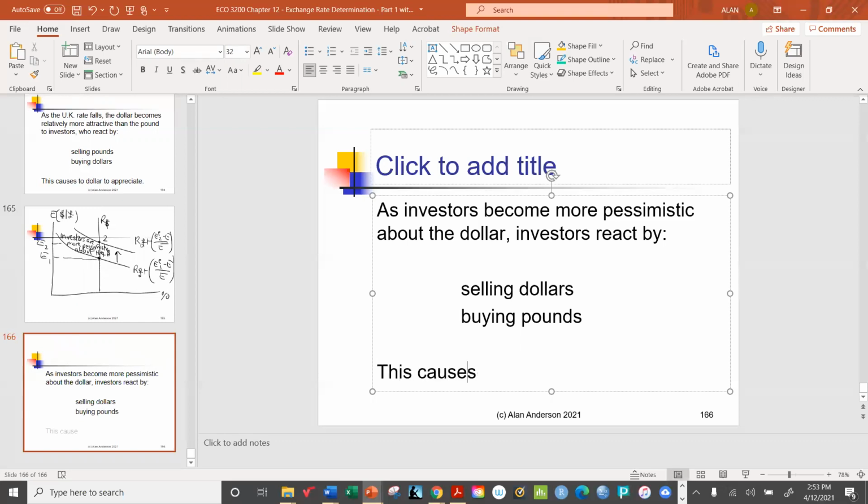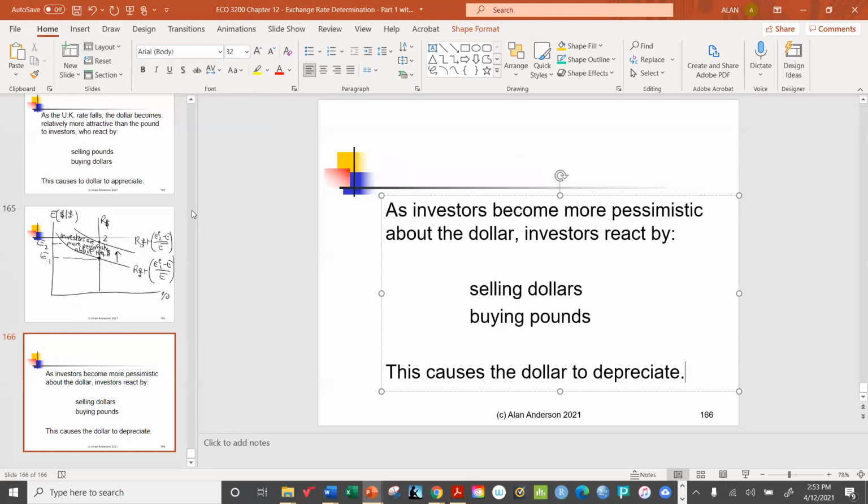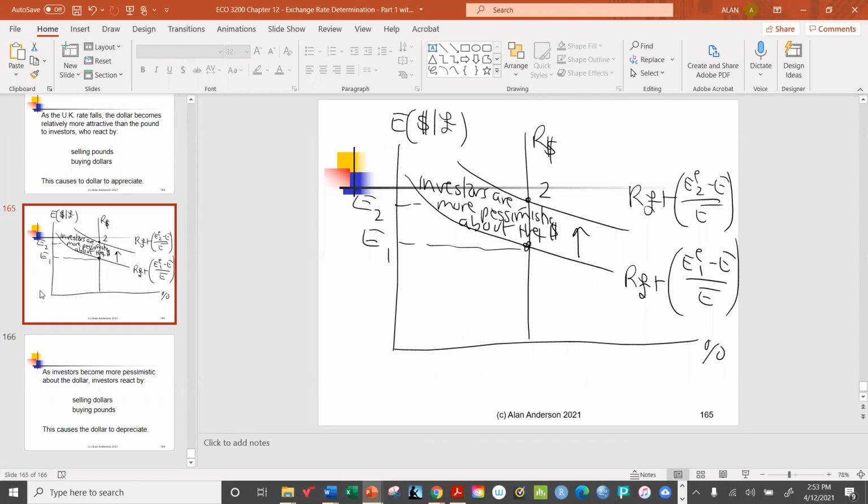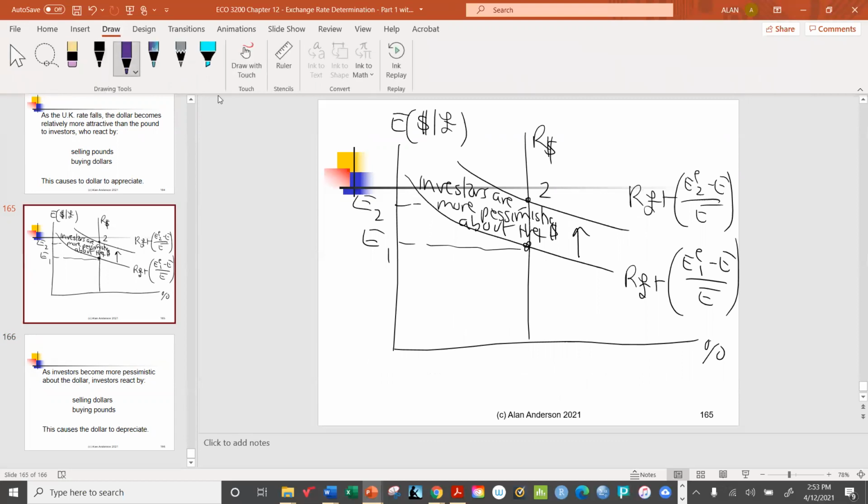This causes the dollar to depreciate. Right? Just because people think the dollar is going to get weaker, they start selling it, and before you know it, it becomes a self-fulfilling prophecy. All right, so we go back to this curve, and we'll do the opposite, of course, as you can probably guess. We'll let it come down here.